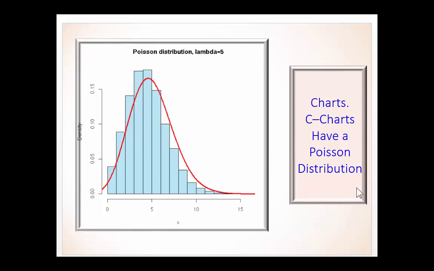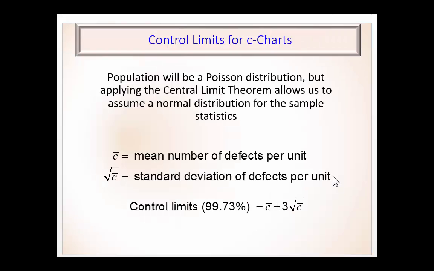But the unique thing that we like about the Poisson distribution is that it enables us to calculate the standard deviation by just taking the square root of the mean. And that is because in a Poisson distribution, the variance is equal to the mean. So if you think about that, that really makes things easy.